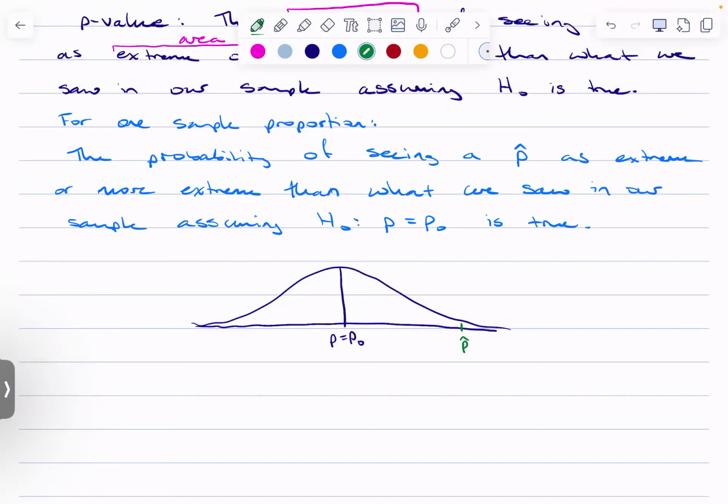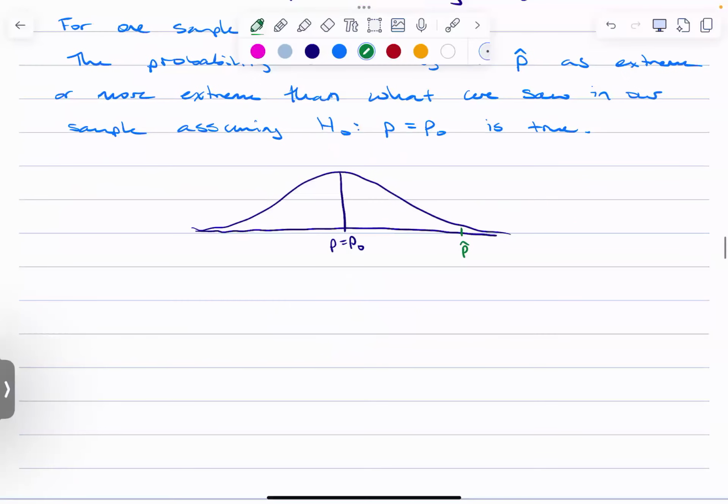That's hard to communicate, right? This is going to be Z standard errors above P naught, but although you could, that's hard to communicate. So it's easier to talk about the probability.